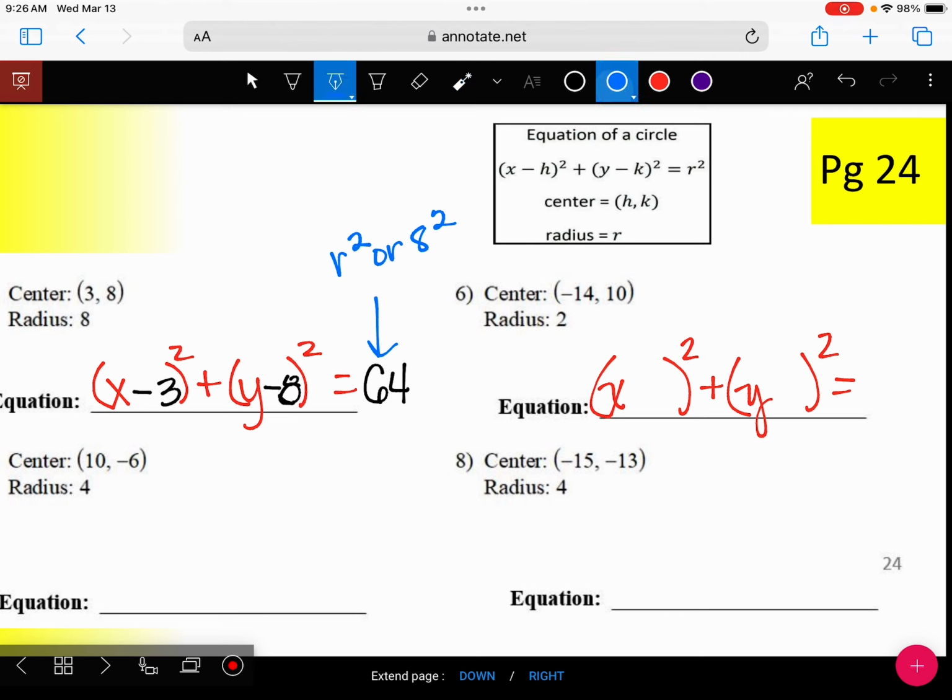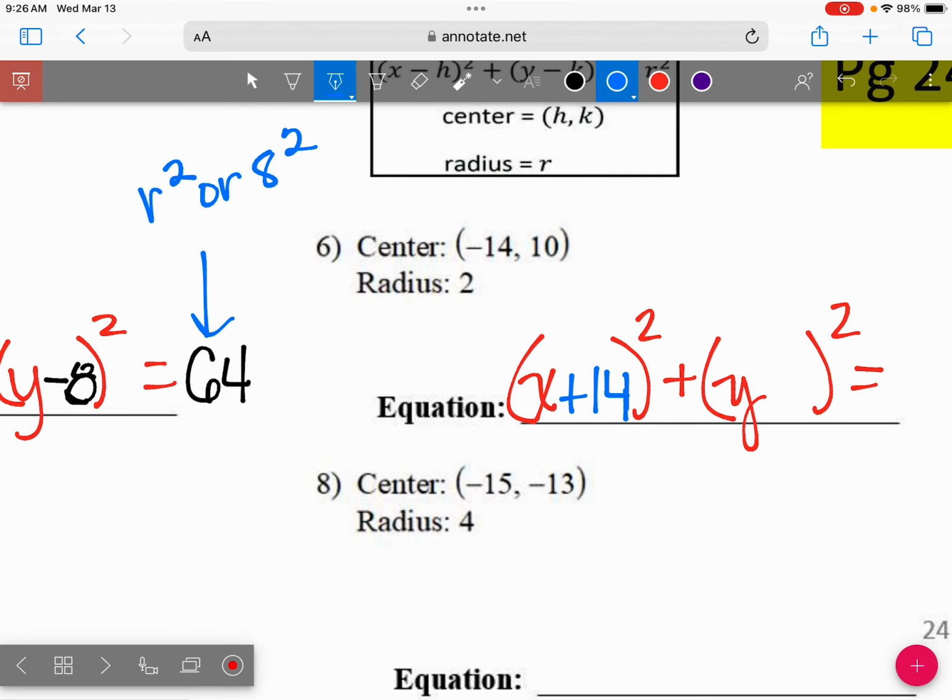So it wouldn't be a negative 14, it would be a positive 14. In my second parentheses, I'm not going to put a positive 10, I'm going to put a negative 10. But what does it equal? I think that's the hardest part. 4. All right, go ahead and do the last 2.